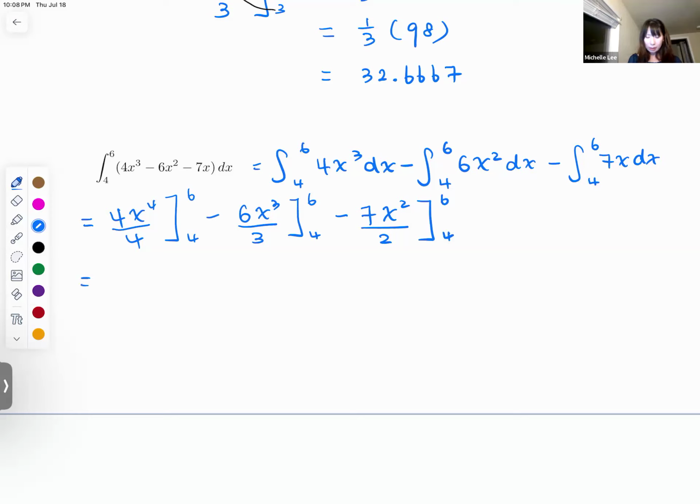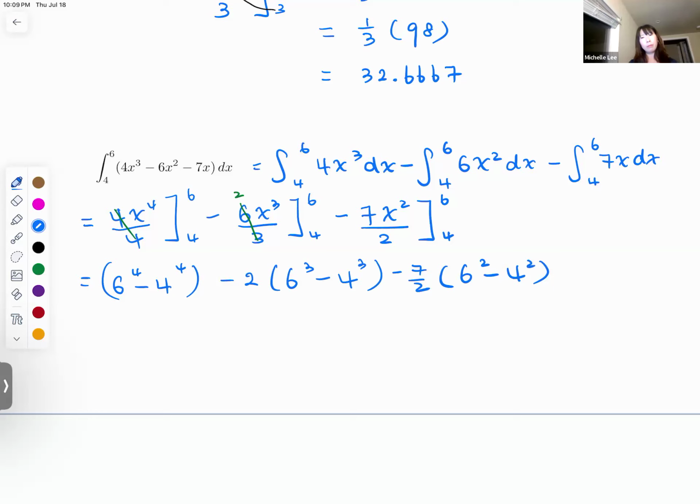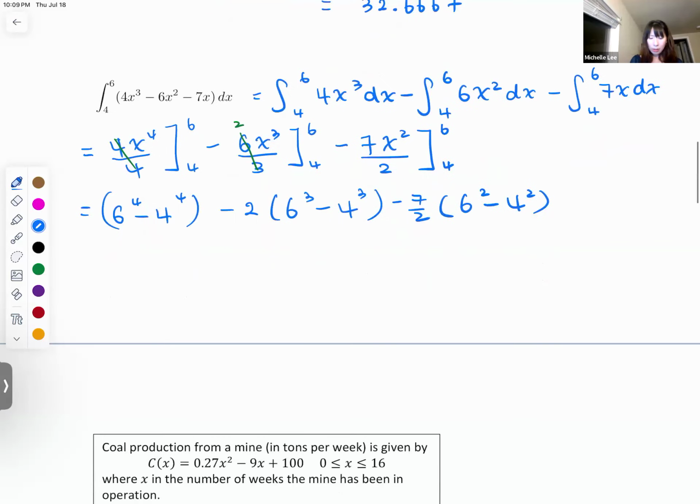So this is 4 over 4, which is 1. So we have 6 to the 4th power minus 4 to the 4th power. Negative, 6 goes twice into 3, so we have 2x to the third: 6 to the third minus 4 to the third. And minus 7 over 2 times 6 to the second power minus 4 to the second power. Is it okay?